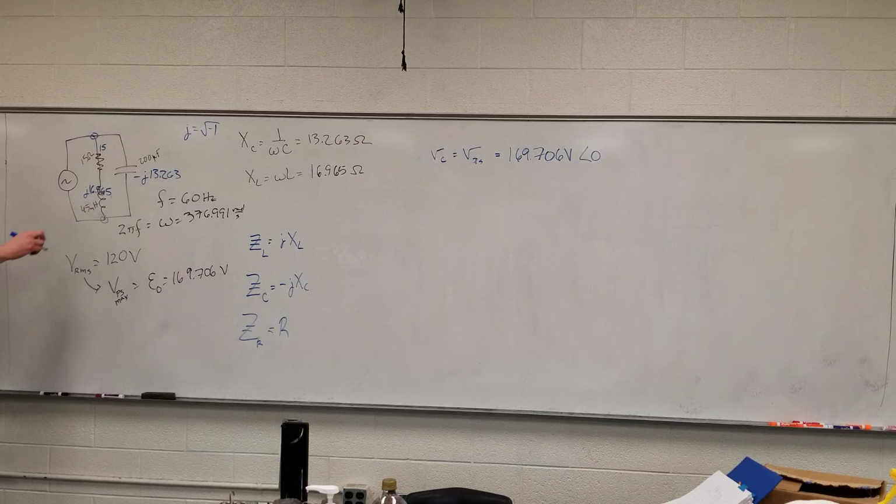And so I can now find the current across the capacitor by taking that bit right there, and then subtracting the angles. 0 minus negative pi over 2 is pi over 2, and whatever that number is, 12 point something. 1.27.